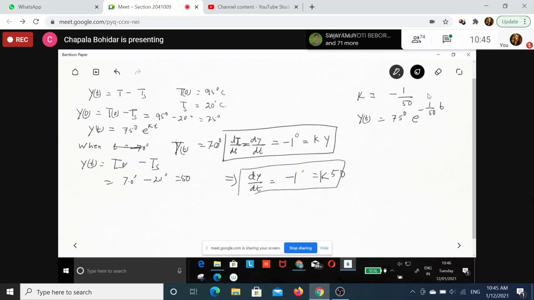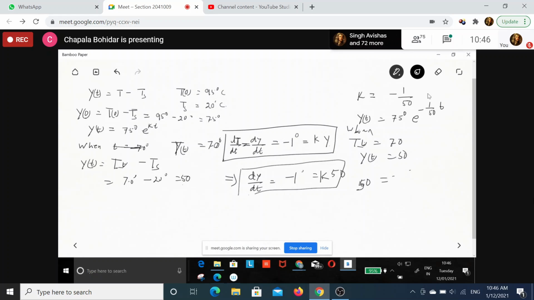So here y(t) is equal to 50, what is the value of t? When T is equal to 70, y(t) is equal to what we are getting? We are getting y(t) is equal to 50. Is it not? When y(t) is equal to 50, what is the value of t?